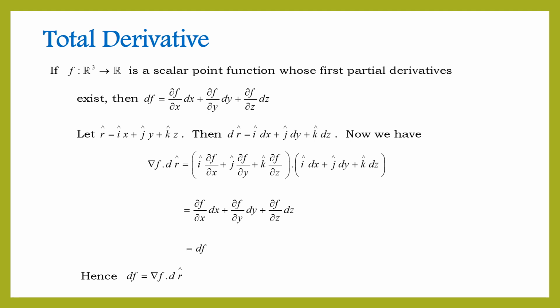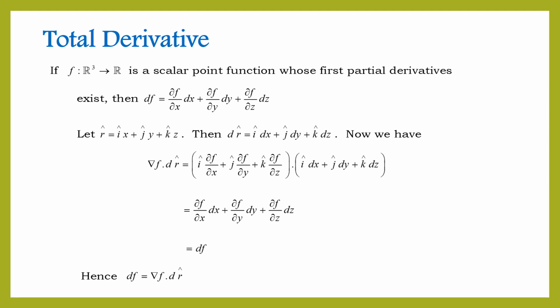Now, let us take this formula df equals dou f by dou x dx plus dou f by dou y dy plus dou f by dou z dz. This is called total derivative of f. Now, let us derive a small formula here. First, let us consider a vector r cap equals i cap x plus j cap y plus k cap z.